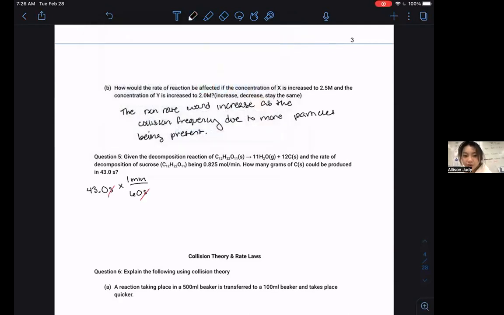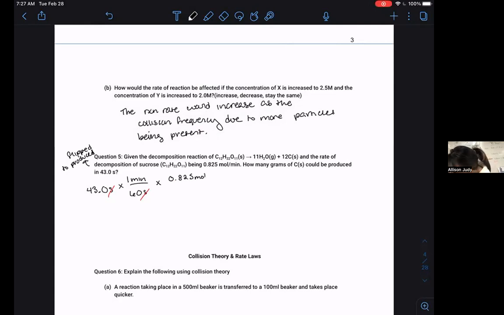I know that in a minute I am going to decompose 0.825 moles per minute, which means rate-wise I am going to produce at a rate of 0.825 moles per minute, since being decomposed can be flipped to produced.